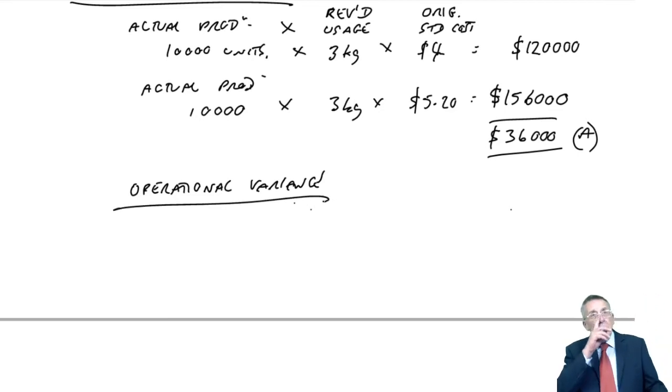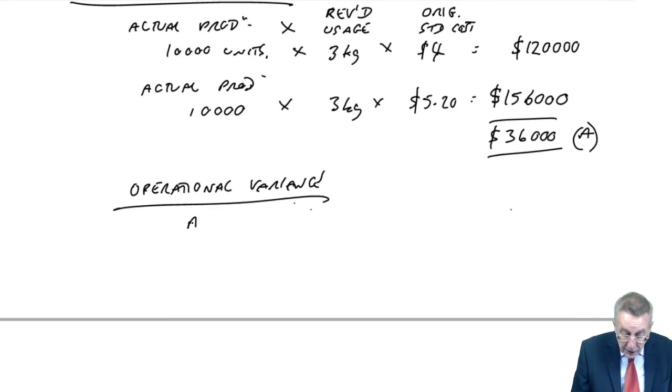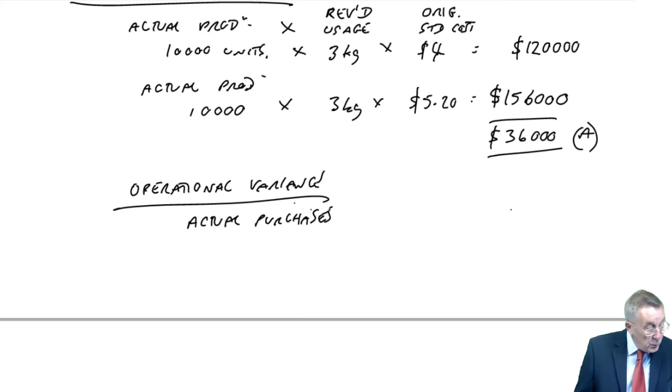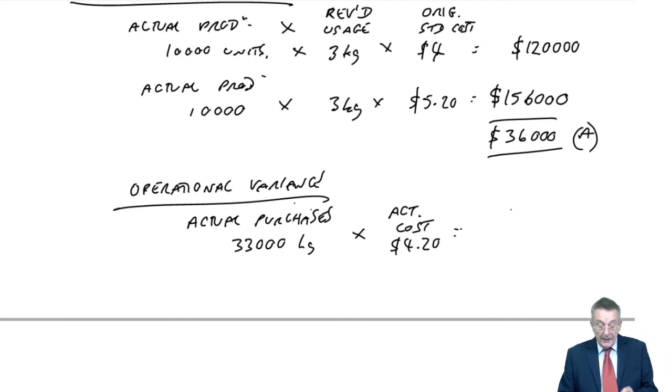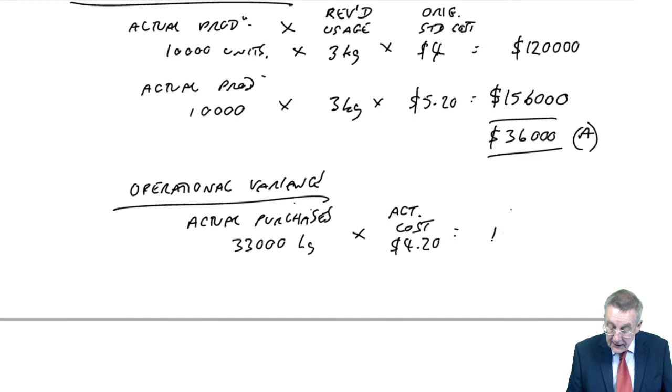We take our actual purchases, 33,000 kilos, at actual cost. Actual cost was $4.20 a kilo, so in total we actually spent 138,600.